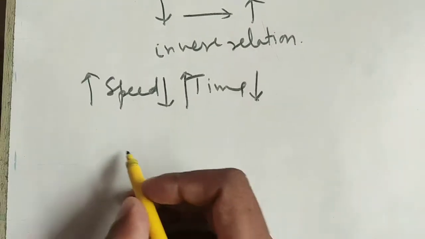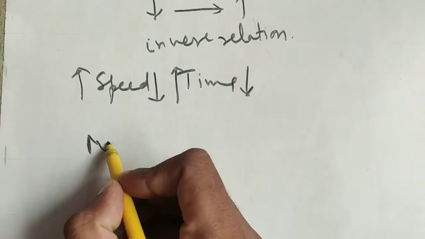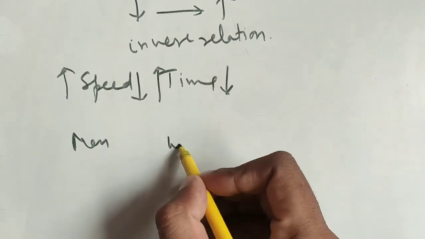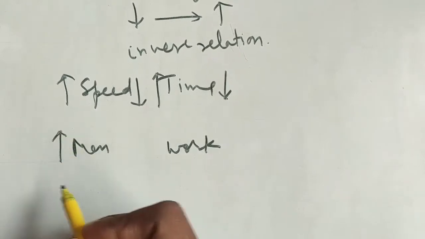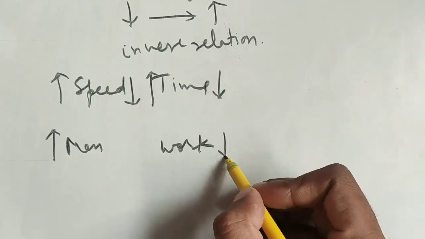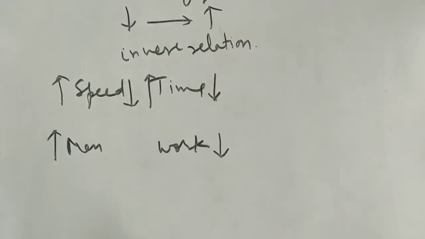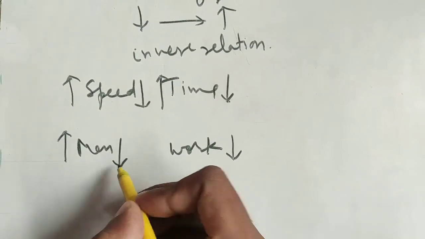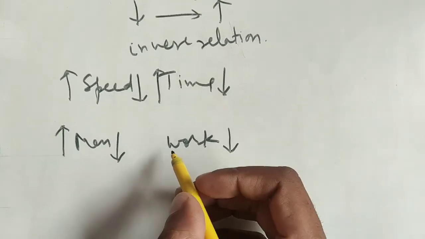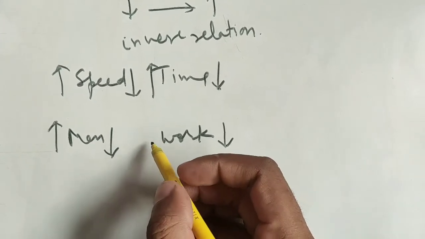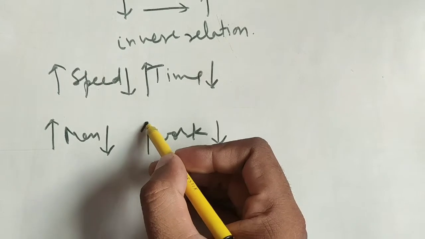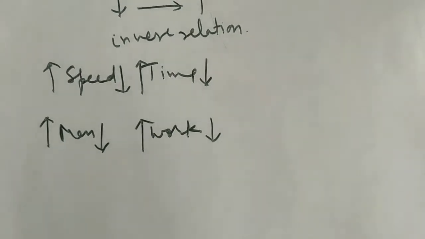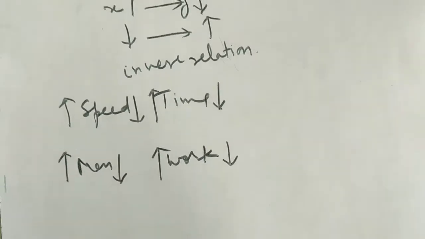Similarly, if we have a few men who have to complete a work, if you increase the number of men, then the time to complete the work will decrease. If you reduce the number of people working over a project, then it may result in an increase in time taken to complete that work.